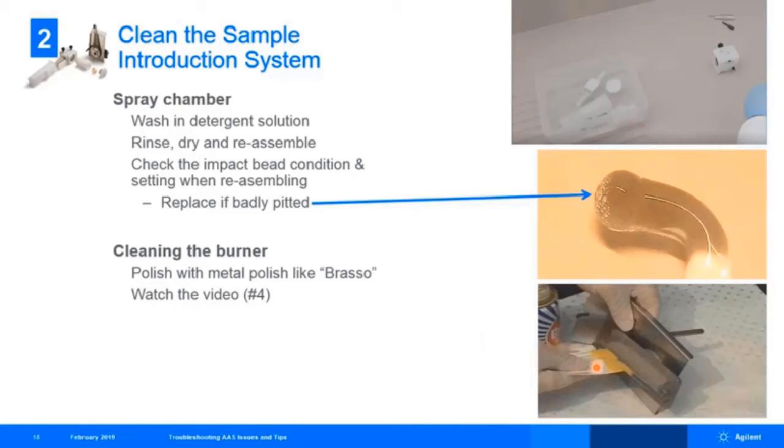We want to use the burner cleaning strips to enable us to introduce that metal polish inside the burner slot. And we use that card to actually polish the inside of the burner slot. We also polish the outside as well. The more you polish it, the better the performance that you'll get from the burner, and the better resistance that you'll have to blockage. So that's the most important aspect about cleaning and maintaining your sample introduction system.